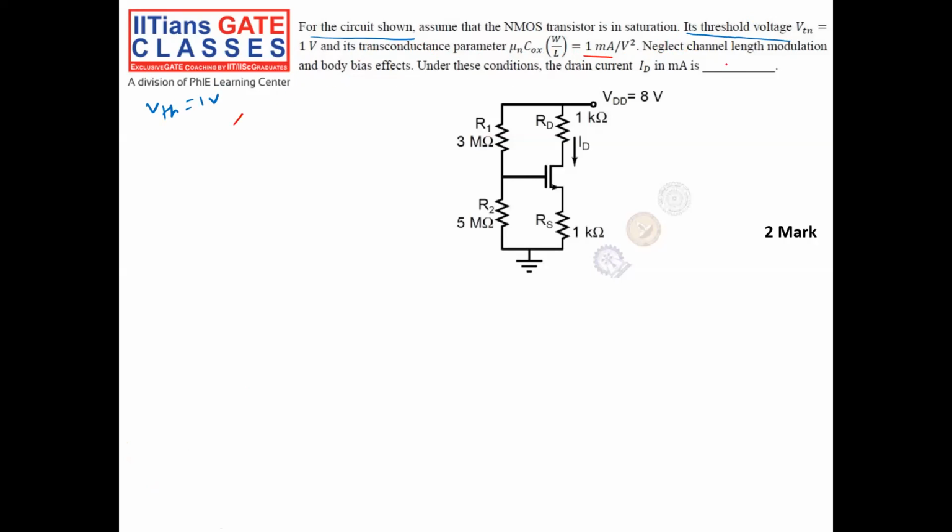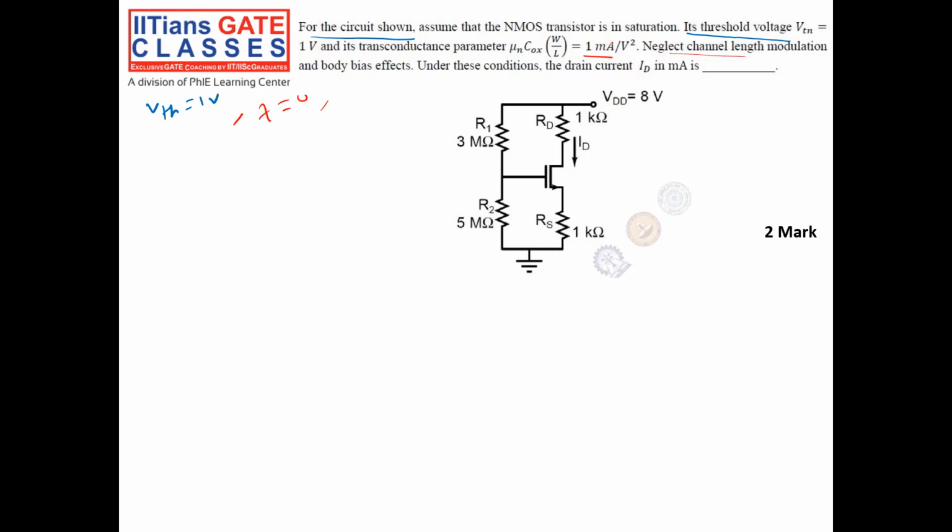So if I want to neglect the channel length modulation, lambda, the channel length modulation parameter, should be equal to 0. Under this condition, the drain current ID in milliampere is?